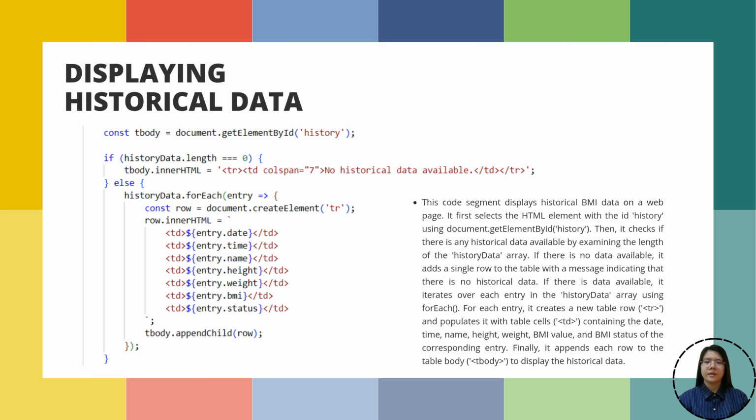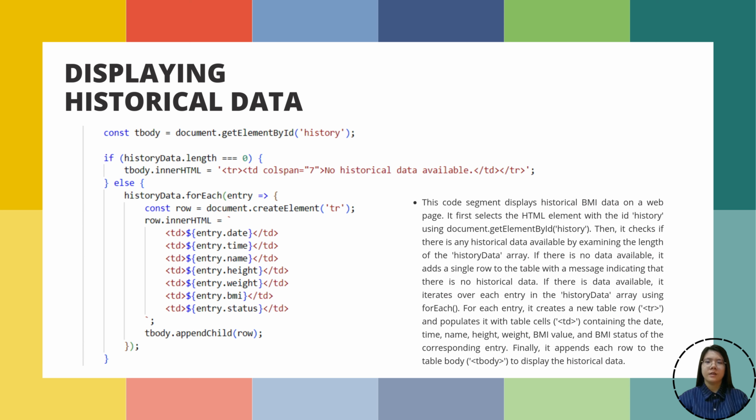Displaying historical data. This code segment displays historical BMI data on a web page. It first selects the HTML element with the ID history using document.getElementById history. Then it checks if there is any historical data available by examining the length of the history data array. If there is no data available, it adds a single row to the table with a message indicating that there is no historical data.